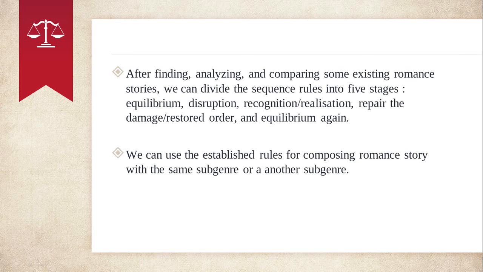The fourth stage is repairing the damage or restoring order. And the fifth stage is equilibrium again, or a new stable situation. This new stable situation is different from the stable situation at the first stage. These sequence rules can be used for composing new romance stories with some subgenre or another subgenre.